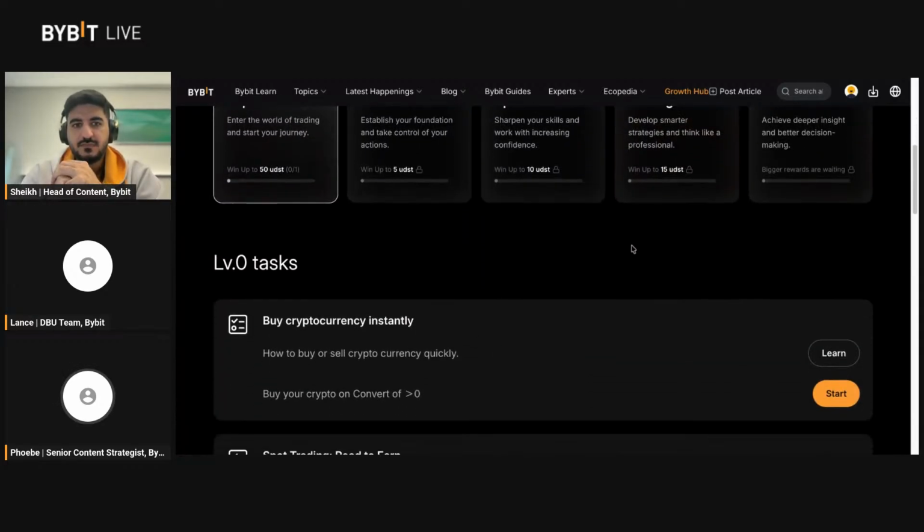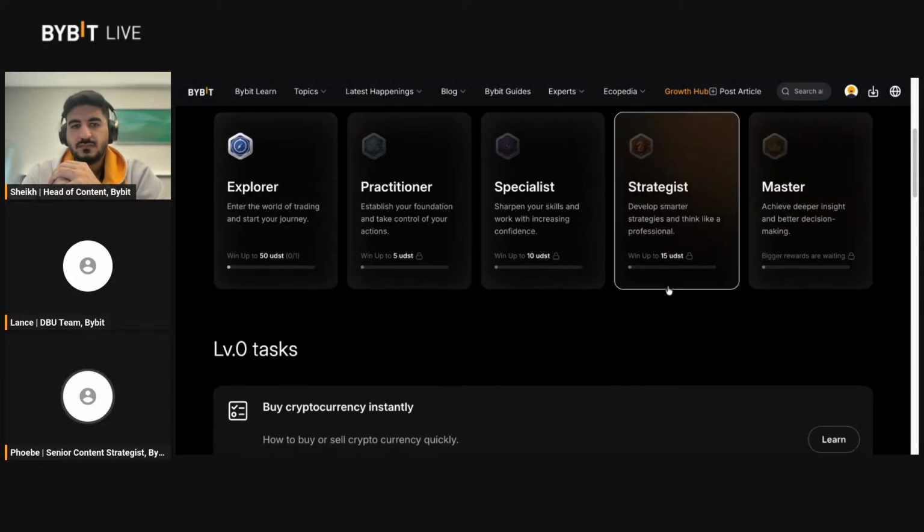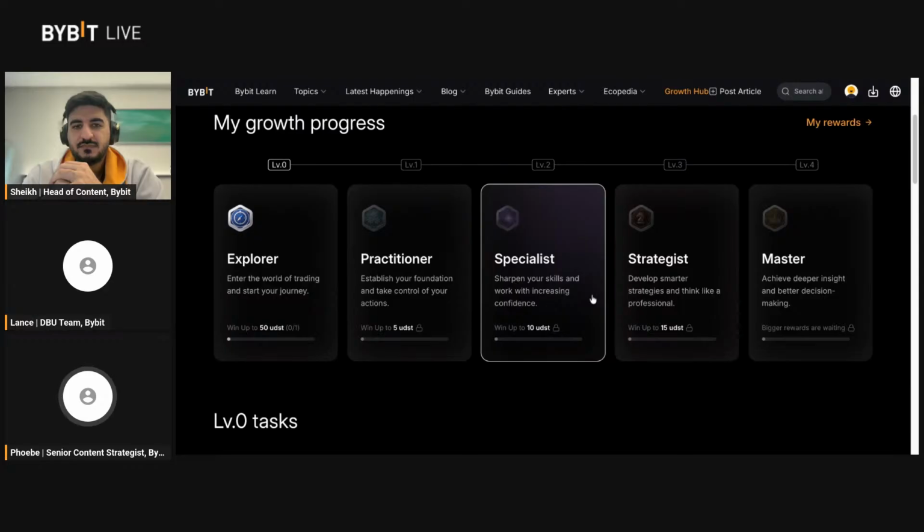So the tasks get more advanced as you go higher, the skills you build also get deeper, and the rewards, you can see here, except for the Explorer, because for this one some of the rewards are exclusive for new users. So except for the first level, the higher level you reach, the higher rewards you can get. And these are real, immediate rewards. What you see is what you get, with no complicated conditions, no waiting games.